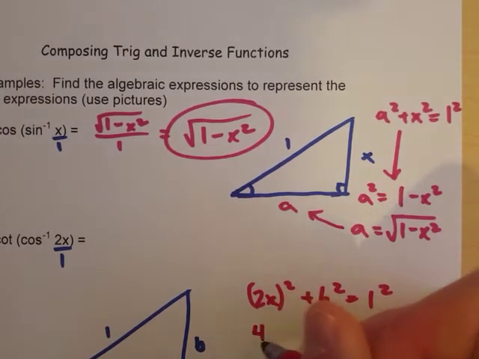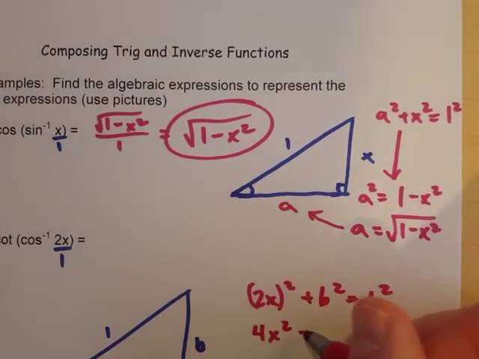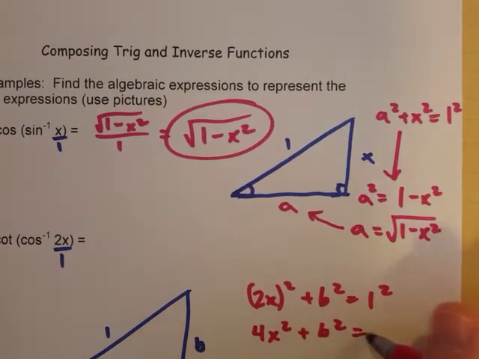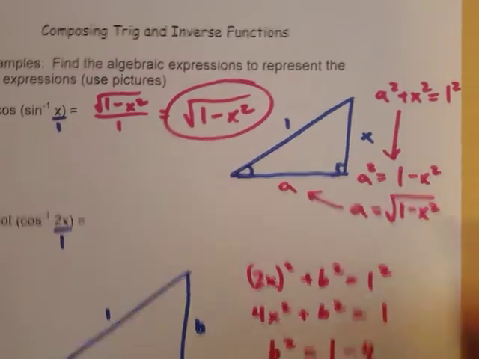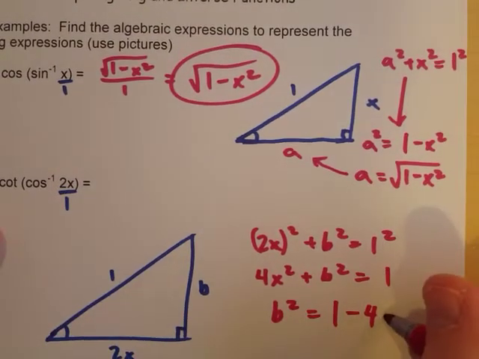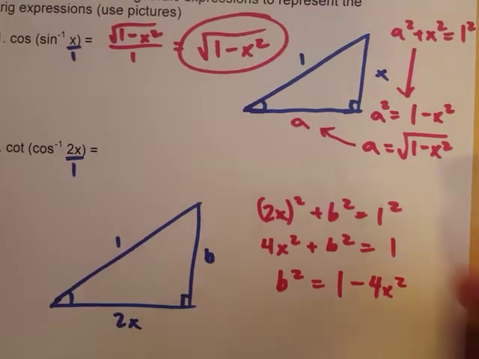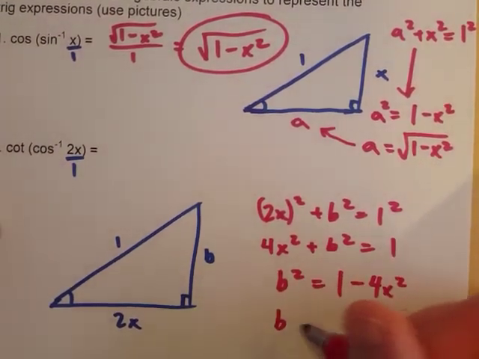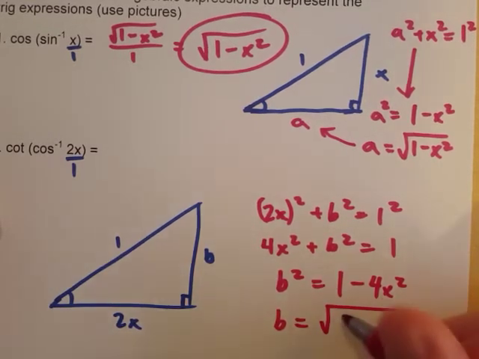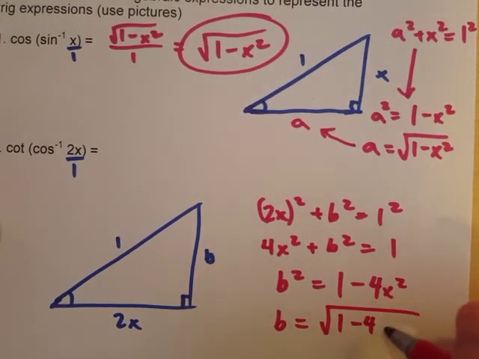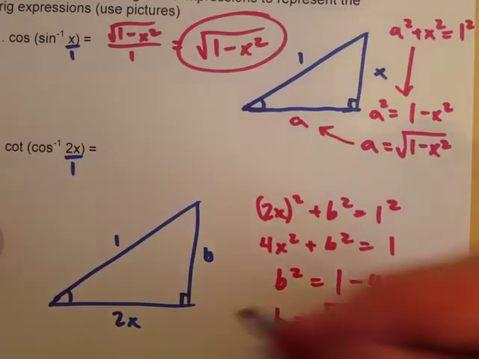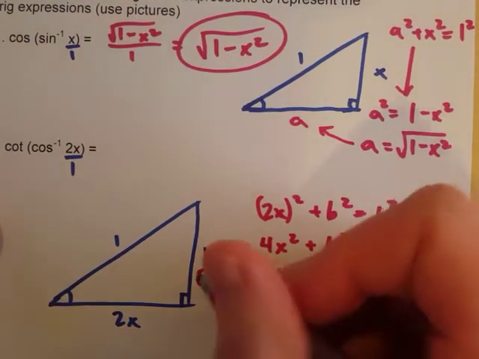So that's going to be 4x squared plus b squared equals 1. Subtract the 4x squared. b squared equals 1 minus 4x squared. And then, like before, we are going to square root both sides. So b is equal to the square root of 1 minus 4x squared. So that is this side.